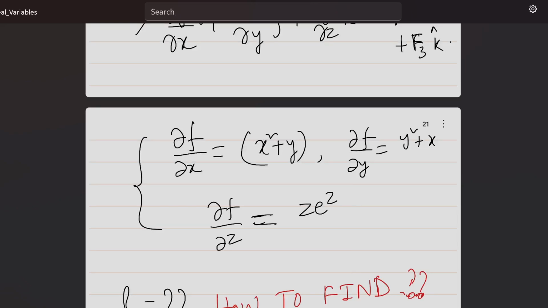But I have to find f, right? Because my capital F is the gradient of small f. So somehow I have to find this small f. Can we integrate? Integration should come into the picture, no? Integration will come into the picture, but how can you integrate with respect to x first, then y, then z, right? So how will you write f?